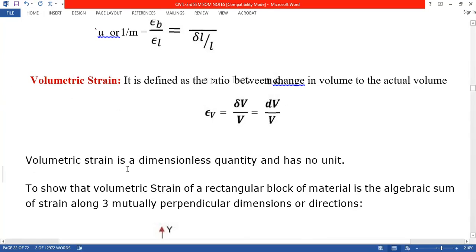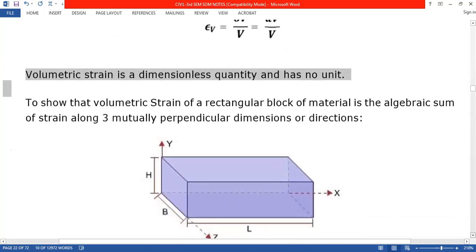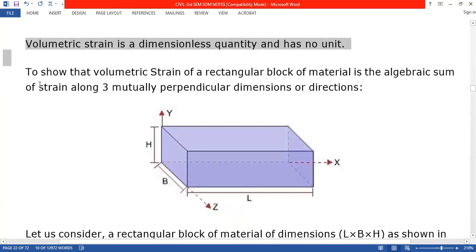So volumetric strain is a dimensionless quantity because here delta V in mm cube, kilometer cube, centimeter cube or meter cube is divided by V volume in the same units, and it gets cancelled.